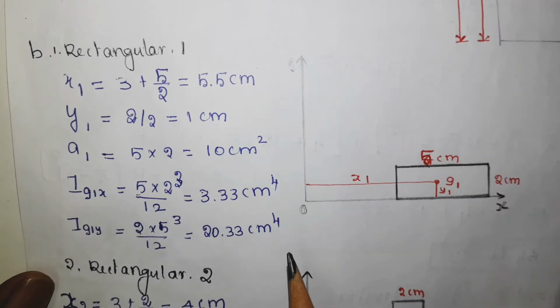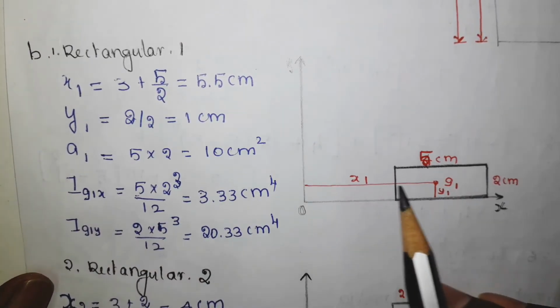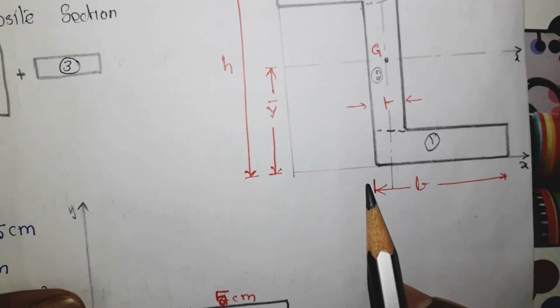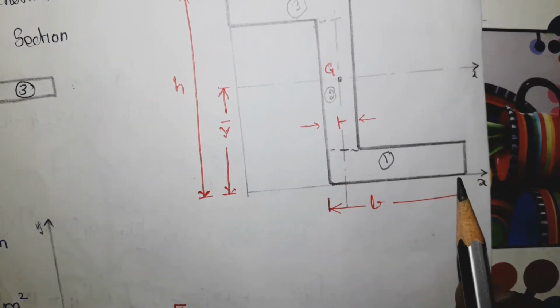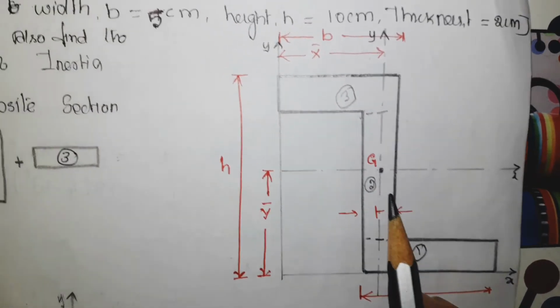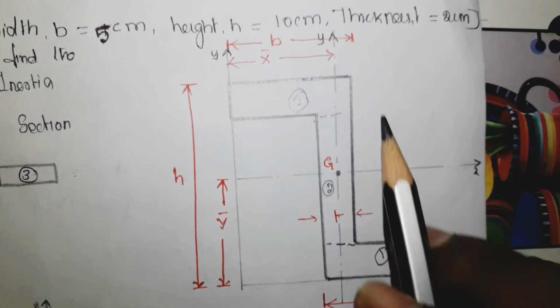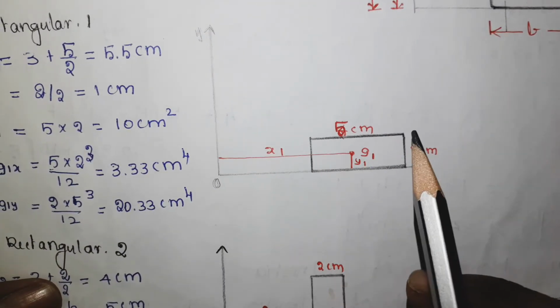In the second step, take the first rectangle and draw a separate diagram for it, and let us go to the composite section again to see the dimension. Now this is equal to 5 centimeter. Here it is given as 5 centimeter and thickness equal to 2 centimeter. So take this one as 5 centimeter.